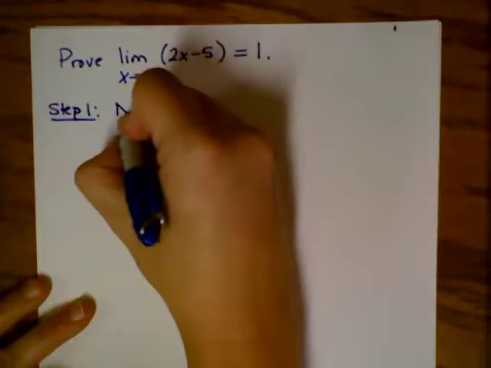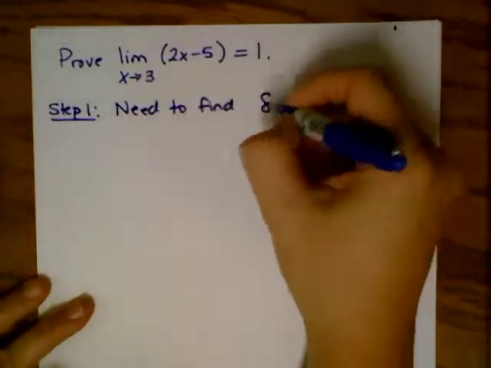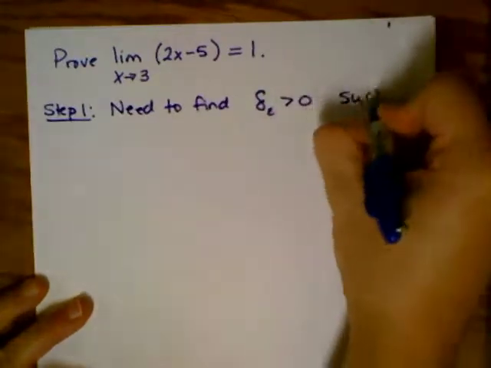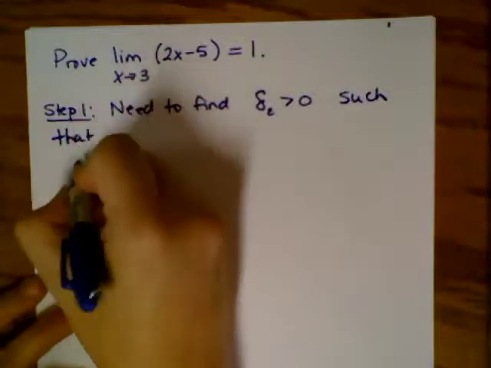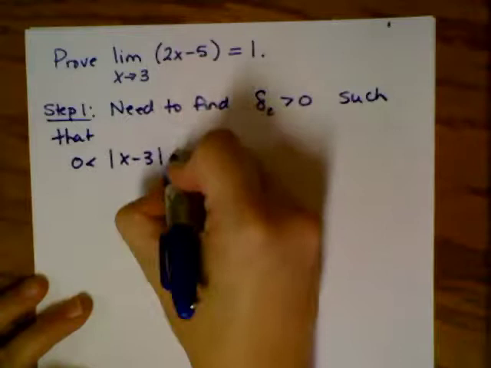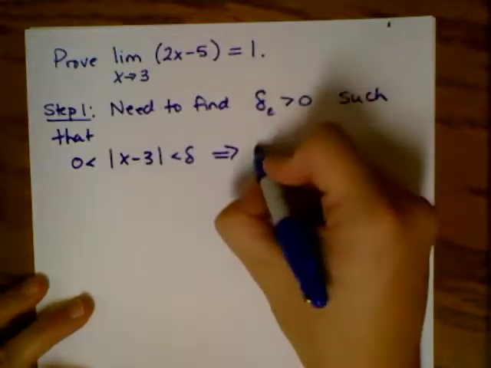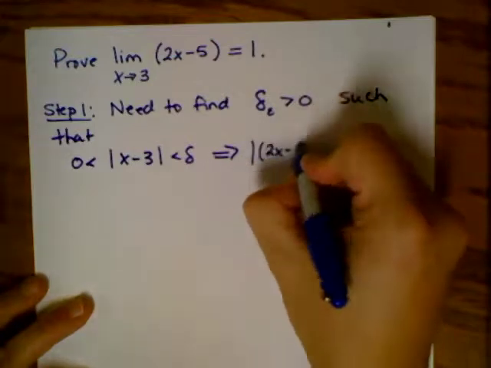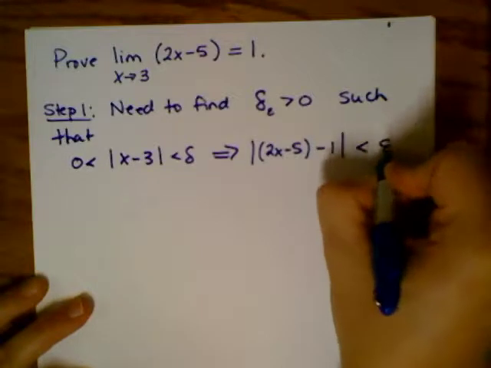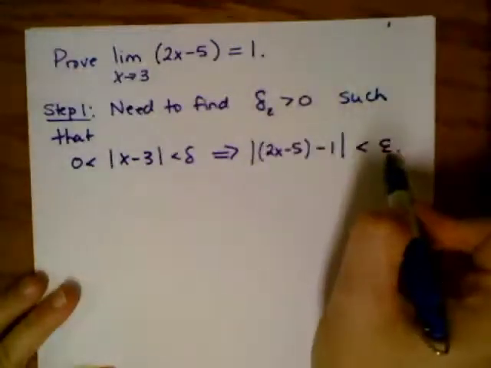We need to find a delta, and it'll be in terms of epsilon, and it'll be positive, such that if we assume that the absolute value of x minus 3 is between 0 and delta, that will imply f of x minus L is less than the given epsilon. Okay, we're going to be given an arbitrary epsilon.